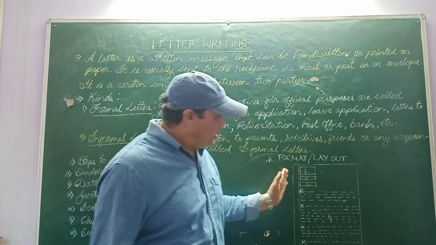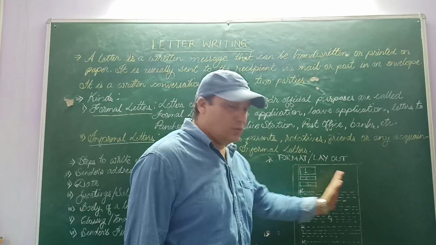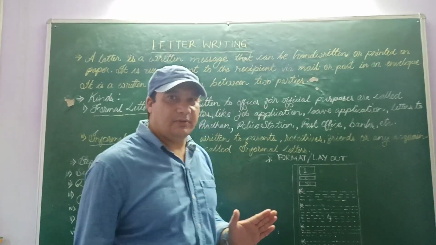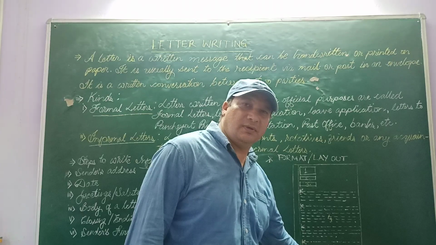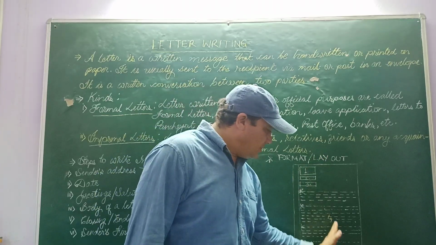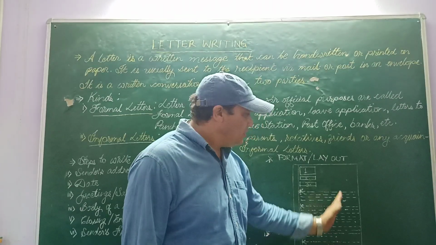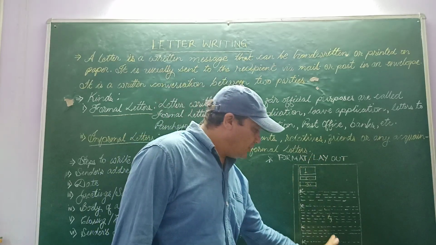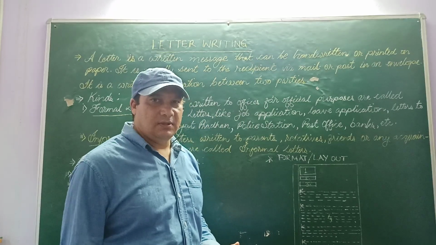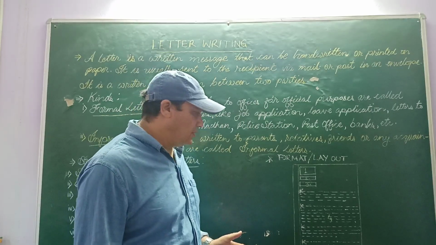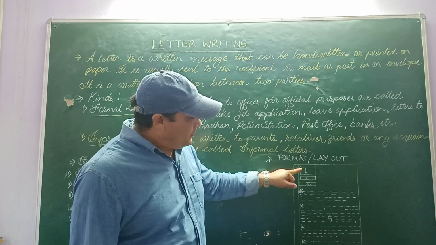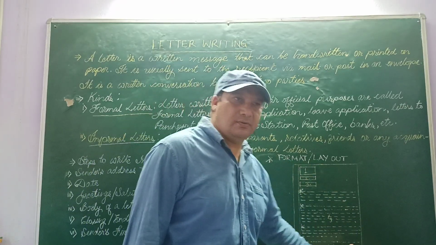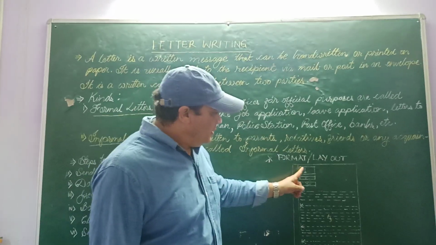And we have already known that we need to fold the paper into two equal halves in order to create an imaginary margin. Now this imaginary margin that we have created by folding the paper into two halves is a guideline for us where we should place our steps. This is very important. Now see, so top left hand side box. This is called box pattern of letter writing.